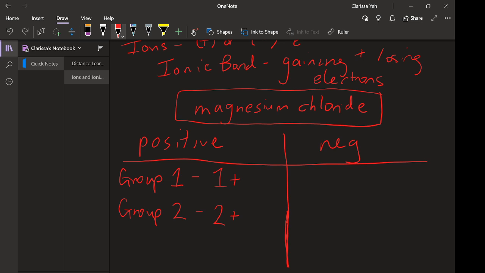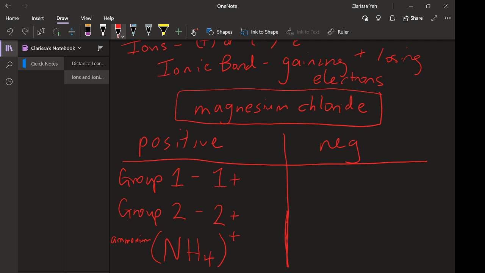Okay. And there are also some other things that are not just an element, but an actual compound where the whole thing has a charge. So one example of that is you can have an NH4 compound and the whole thing has a 1 positive charge. So that is known as ammonium. For negatives, if we go on the right-hand side of the periodic table, these are my non-metals.